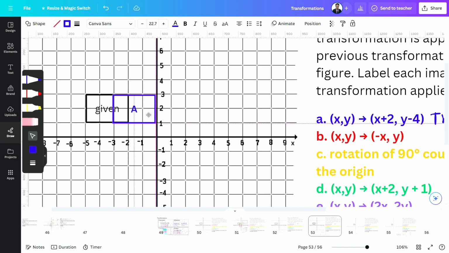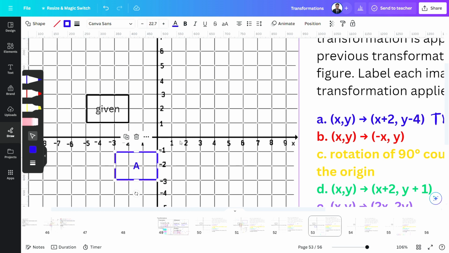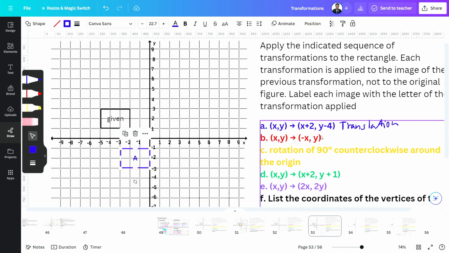And then it says y minus 4. So we have to go down 4 units. So 1, 2, 3, and 4. I hope this one is clear. Now, that's the image of our letter A, the translation.